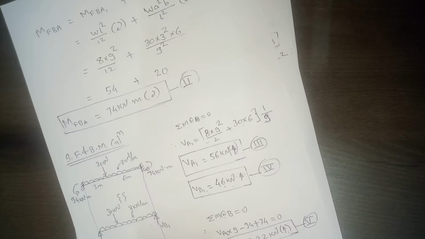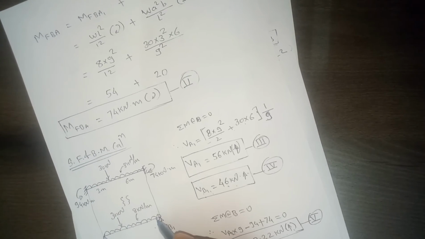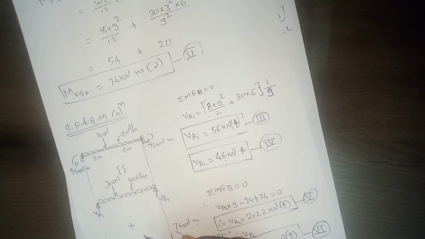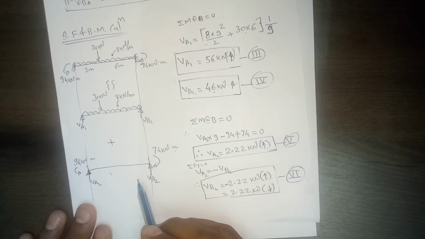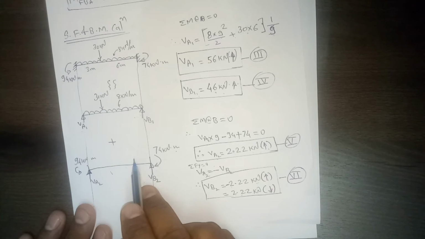So you convert this into two beams, one with simple support and external load, and the second with fixed end moment without any external load.